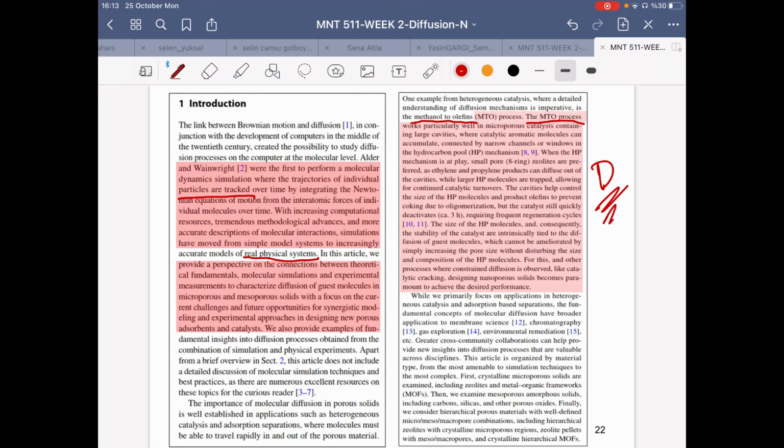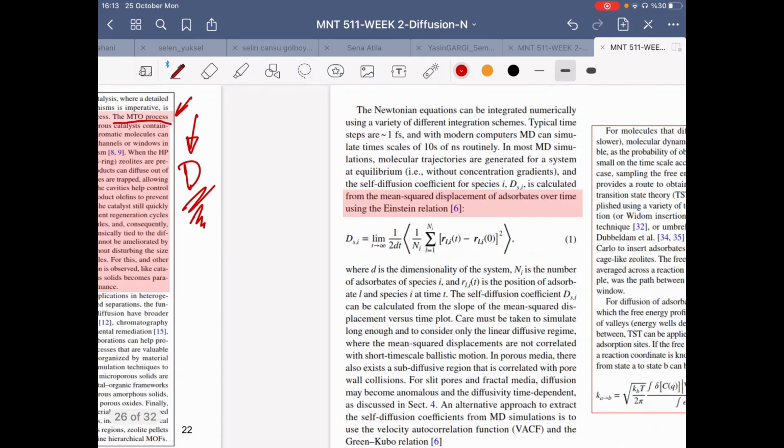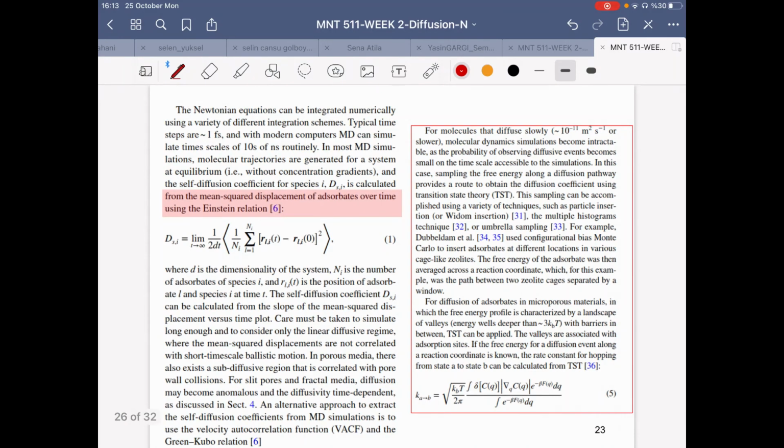So the correct calculation of this diffusivity is a very big deal to understand, to optimize what's happening in our MTO process. For example, they said that the Newtonian equations can be integrated numerically using a variety of different integration schemes. And this is their equation one in this review. This paper is like a 60-page paper.